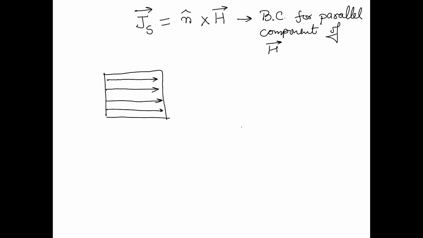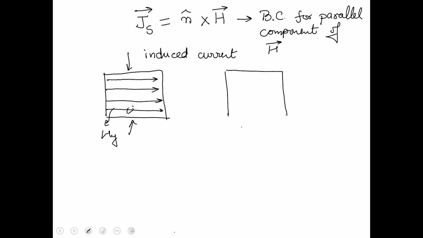So we know that this H field is going to create a current on these two surfaces. This is the Hy component, but we also have an Hz component, which is a component in this direction.